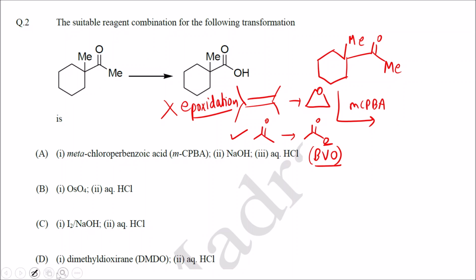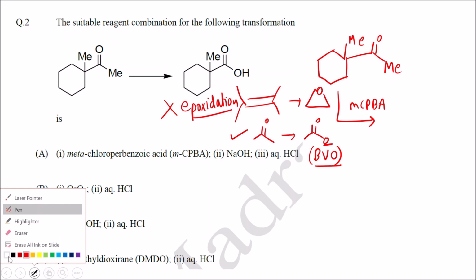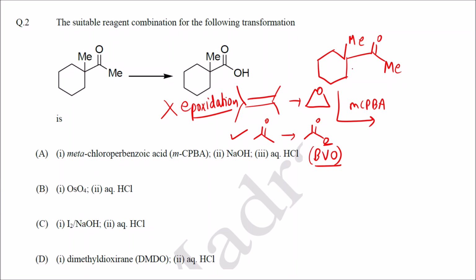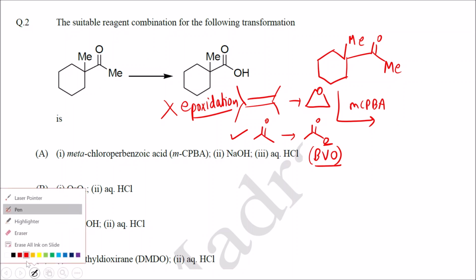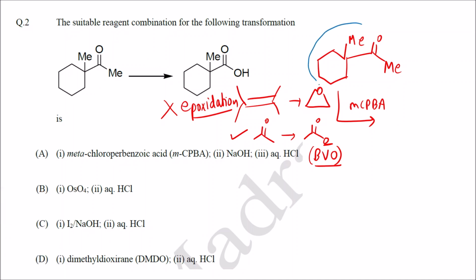Oxygen is inserted at the electron rich group. Which group is electron rich here? This group is the electron rich group. The methyl group is electron donating, plus this R group. So the structure formed will be an ester group.